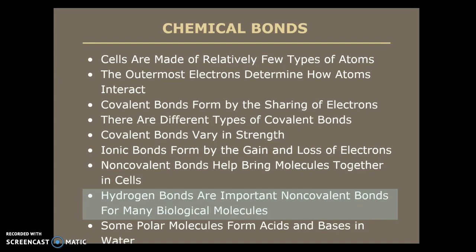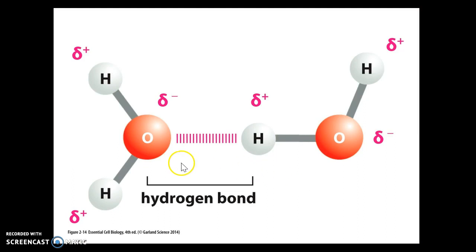Hydrogen bonds are also very important. Like I said, you have this dipole moment where the hydrogen is partially positive and the oxygen is partially negative. That negative will be attracted to the partial positive on a different hydrogen.